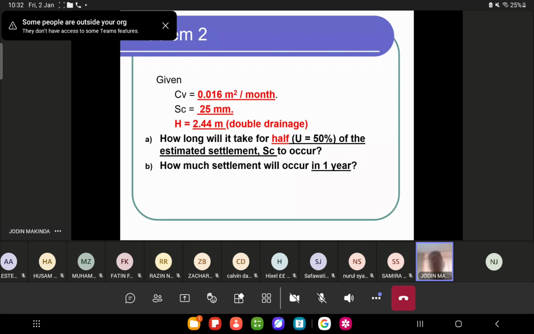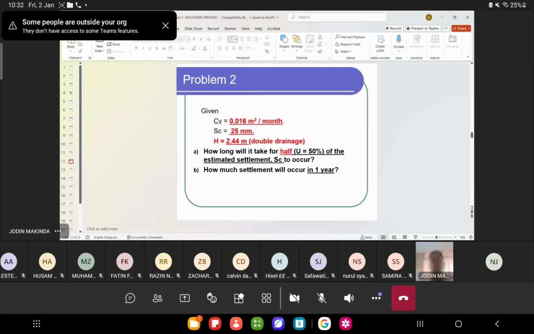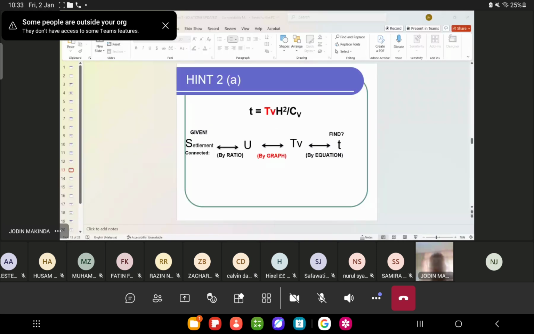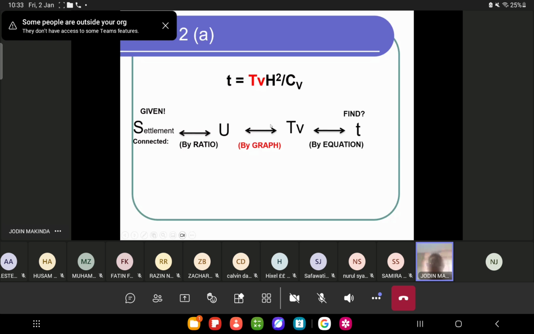Every time you see a problem like this, remember, here is your tip, clue. If you have a problem related to settlement, here's your tip. Write this down on the question page if you want to remember. S, U, T, V, T. If you are given settlement, you need to find time.